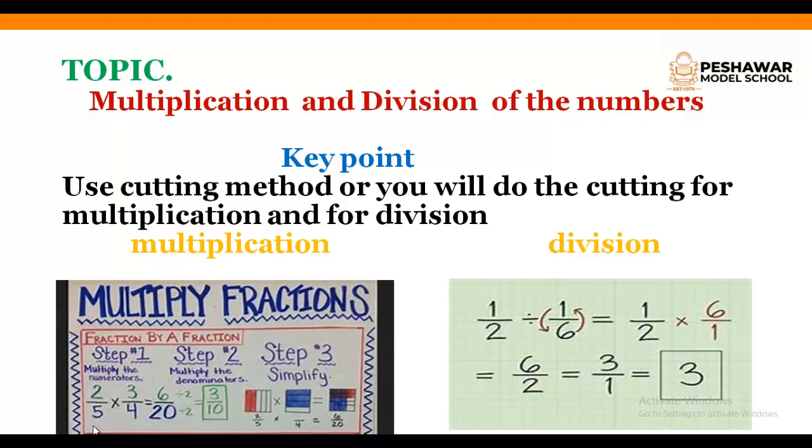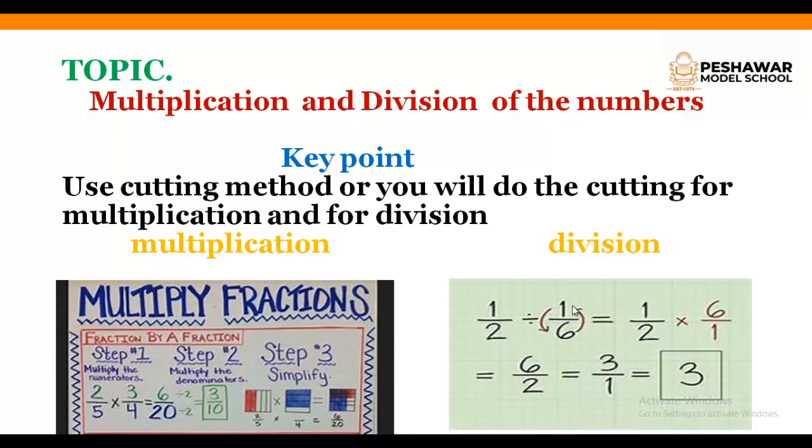Step number 1, the question: 2 by 5 is going to be multiplied with 3 by 4. So 2 3 times 6, 5 4 times 20. When you do the cutting with 2, 3 times 6, 2 10 times 20, your answer will be 3 by 10. Is that clear?